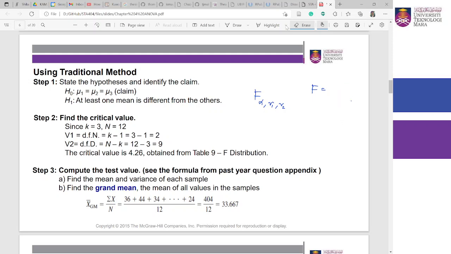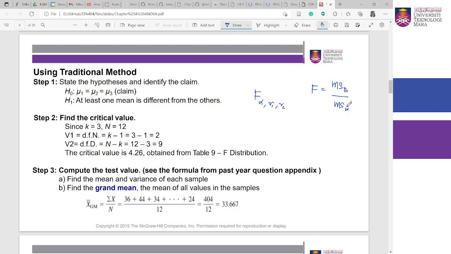Okay, normally for ANOVA this is given by MSB divided by MSW. So that is why we have 2 degrees of freedom here. One is for the numerator and the other one is for the denominator. Okay, so we have the numerator and denominator, and then we have the alpha values.